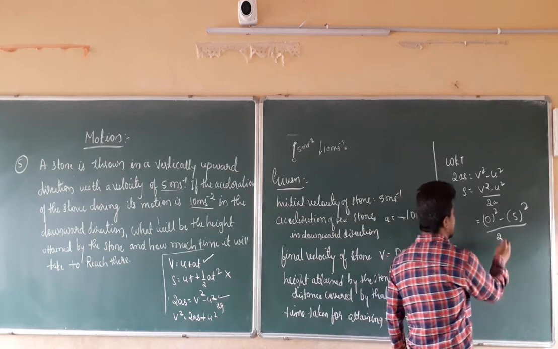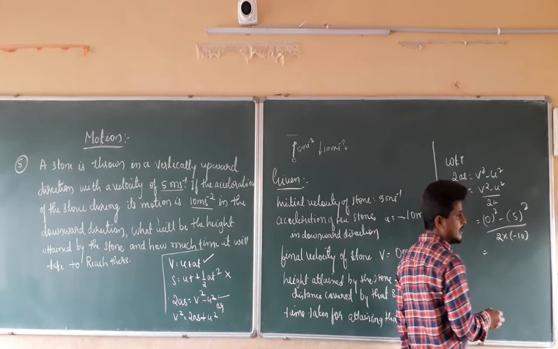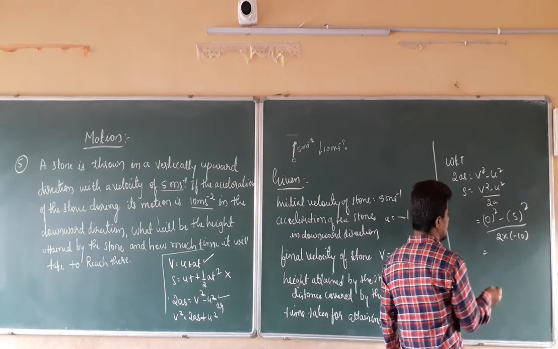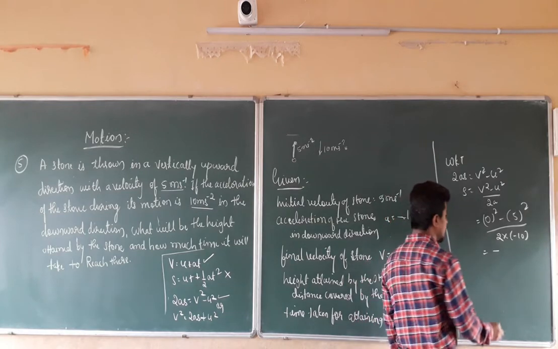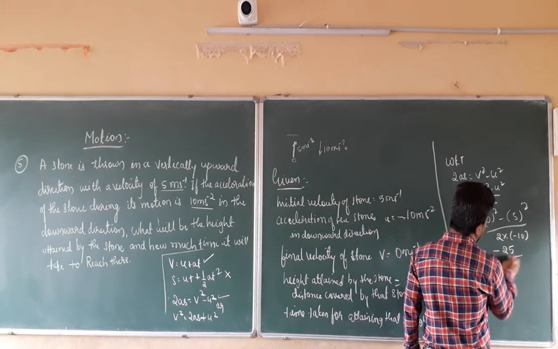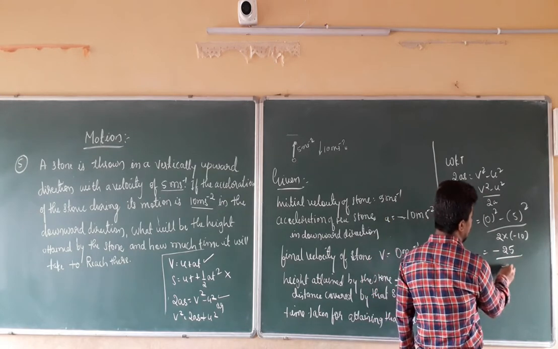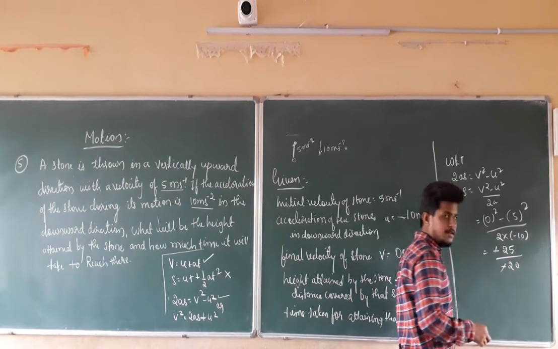A value is minus 10, so into minus 10. 0 square means it will be 0, so I am not going to write anything. Minus what is the value of 5 square? It will be 25, whole divided by minus into plus it will be minus, 2 tens are 20, minus get cancelled.